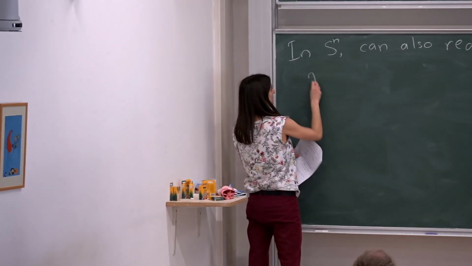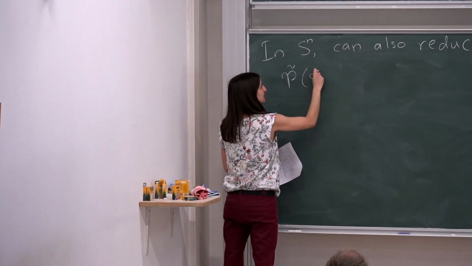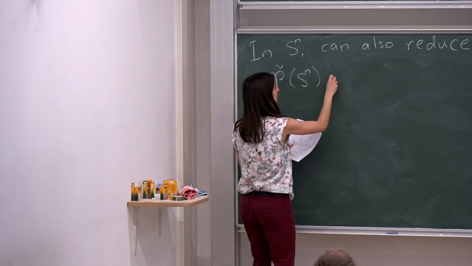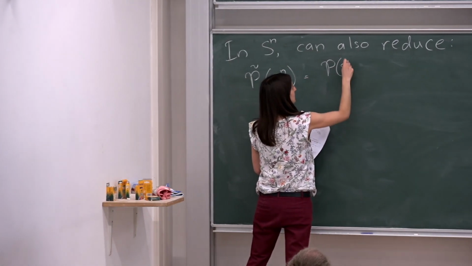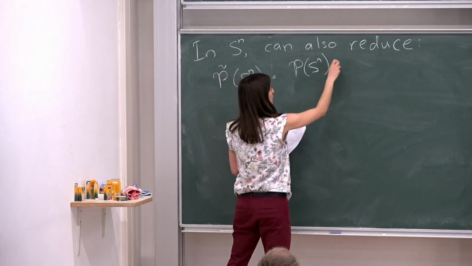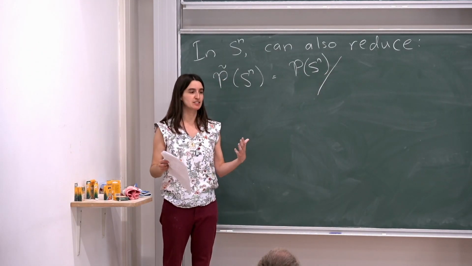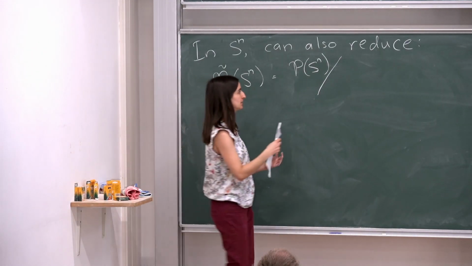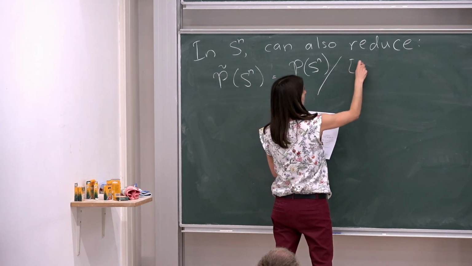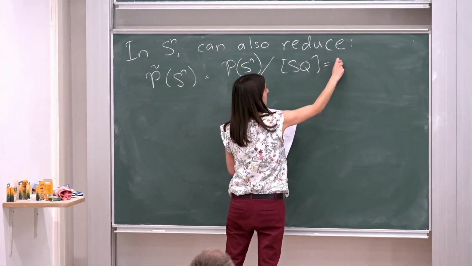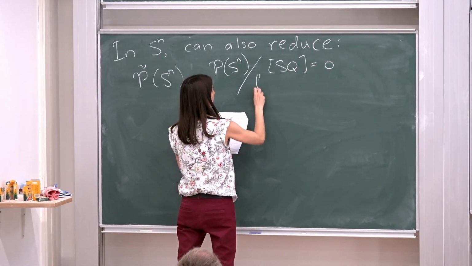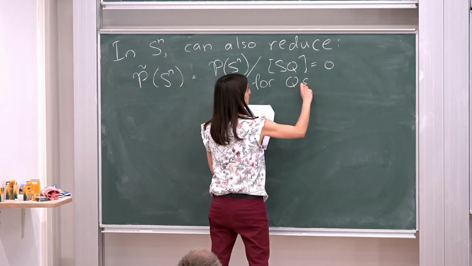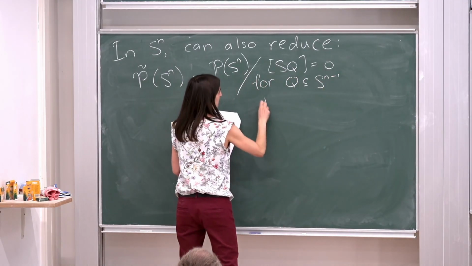So P tilde of Sn is P of Sn modulo suspensions of lower dimensional polytopes. So SQ is 0 for polytopes Q in S^(n-1).